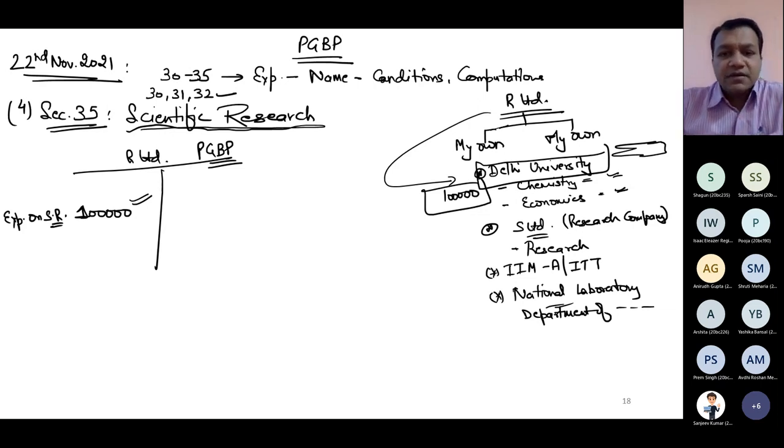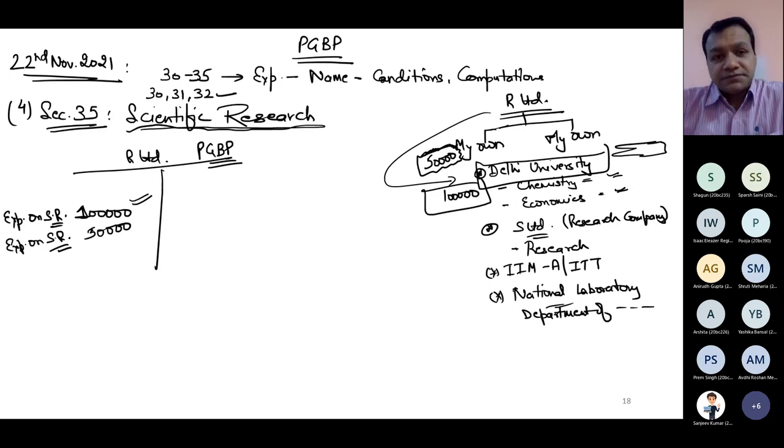If I incurred some expenditure on my own for scientific research in my own industry, that is also allowed as deduction. Expenditure on scientific research. So this is what we will learn.